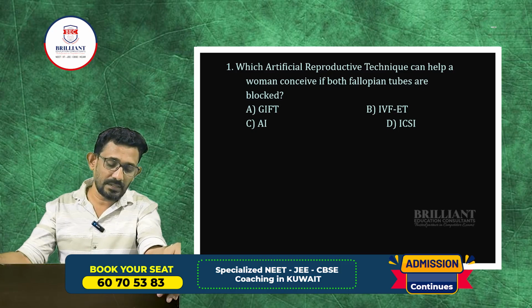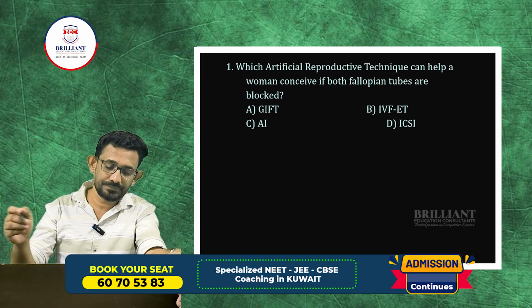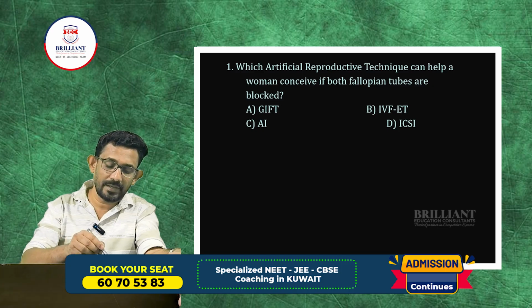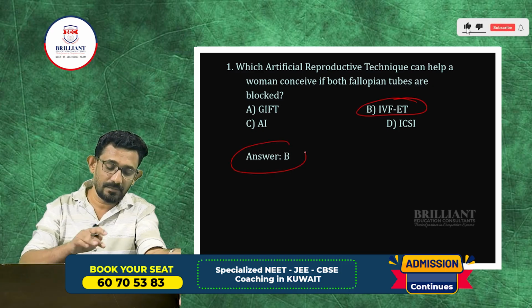So here four options are there. GIFT, that is gamete intra fallopian tube transfer. IVF and ET already told. Then AI, artificial insemination. ICSI means intracytoplasmic sperm injection. So here IVF and ET is the correct answer. Option B is the correct answer.